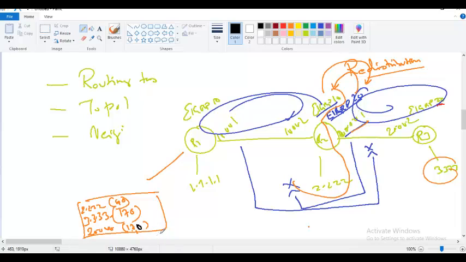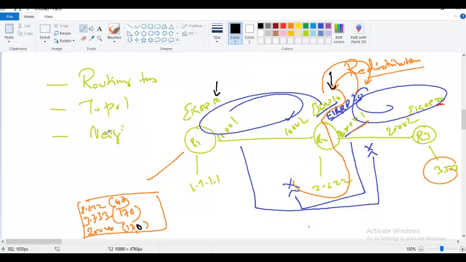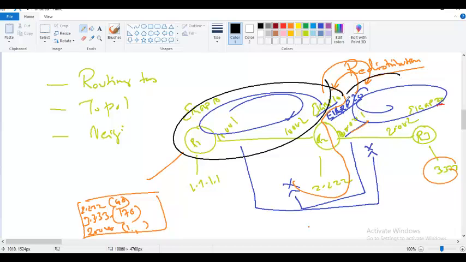Neighbor will come up even if the number doesn't match because it is just a locally significant process ID. It can be same or can be different, doesn't matter because they don't share this number with the neighbor to compare. But autonomous system number is always shared in the packet so that the neighbor will open the packet and see whether that router and me belong to the same autonomous group. After seeing that only they will form neighbor.